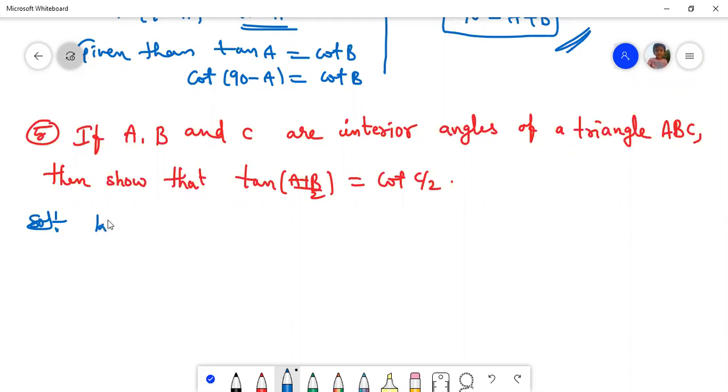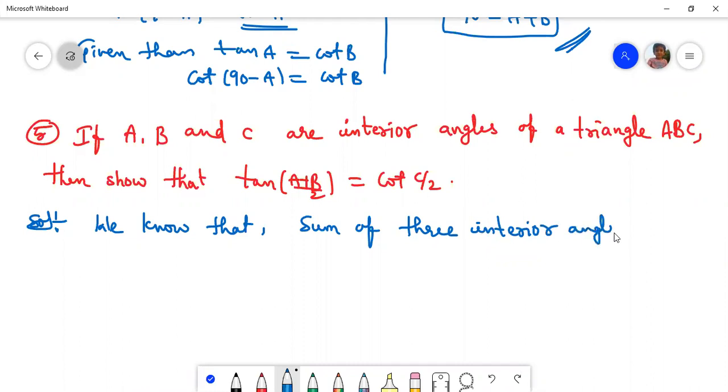We know that the sum of three interior angles of a triangle is equal to 180 degrees.